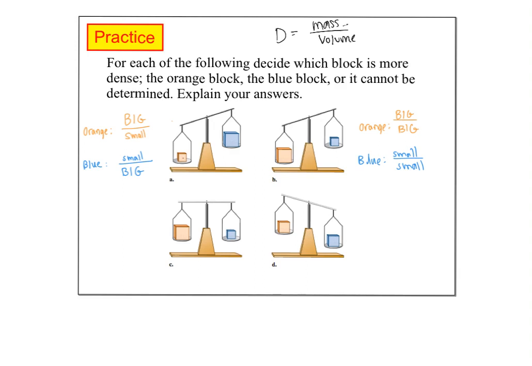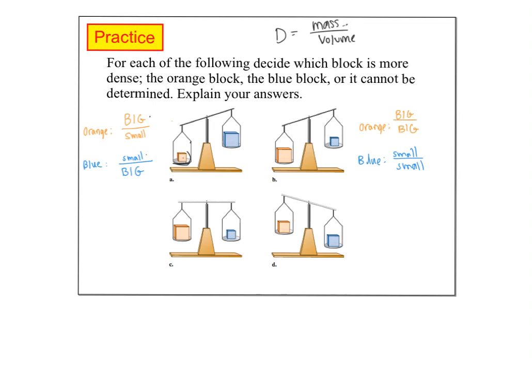So looking at the orange and the blue, it is obvious that the orange has a bigger mass. So what I did here is I said for orange and blue, I'm going to put mass on top because it's mass divided by volume, and I just wrote the word big because the orange has a bigger mass, and then I wrote the word small for blue because it has a smaller mass. It's higher up on the scale.